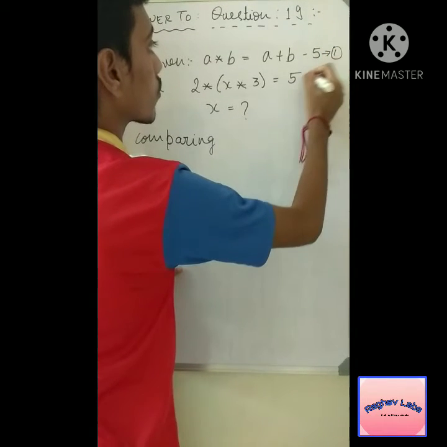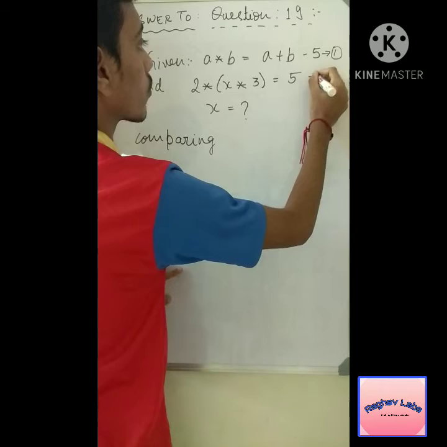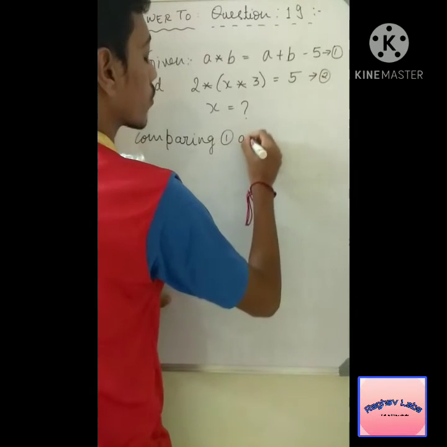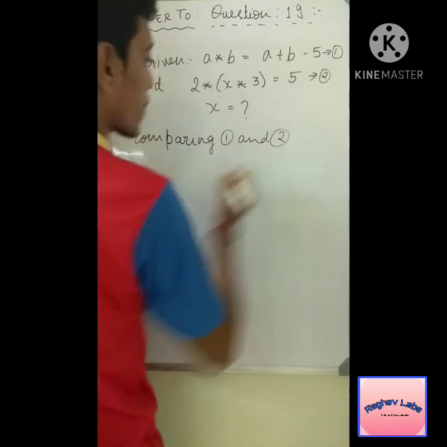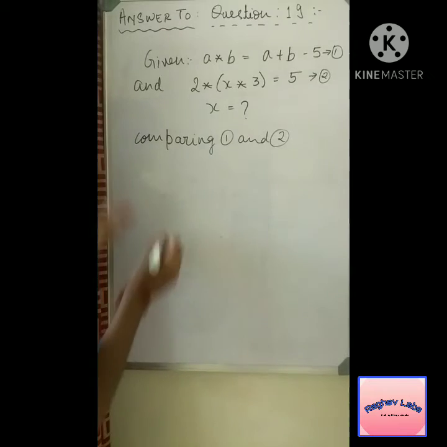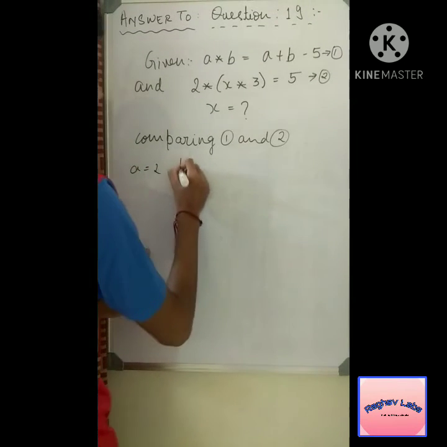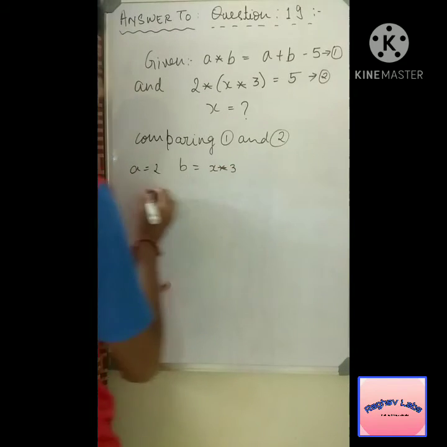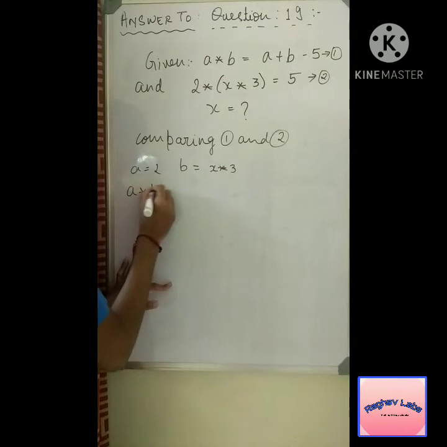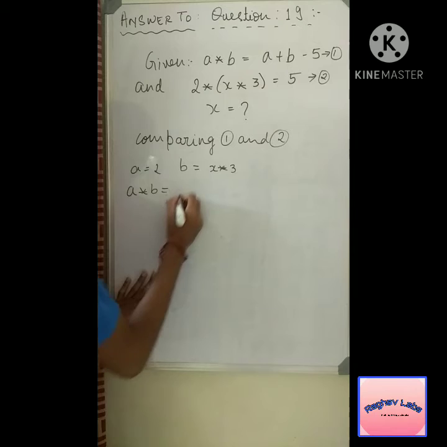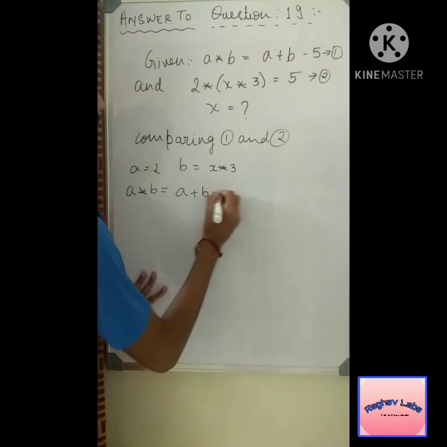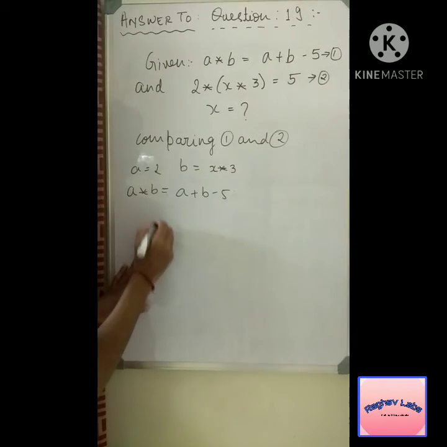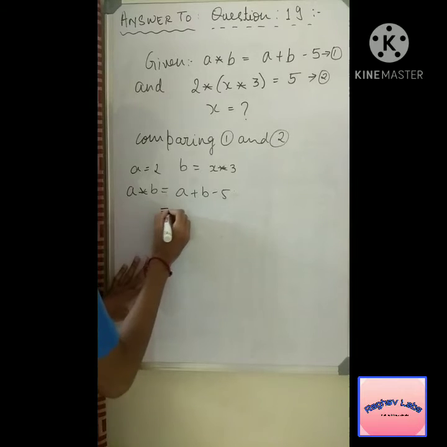You can just name them 1 and 2. So let's take 1 in the brackets, right? A is equal to 2 and B is equal to x star 3, A plus B minus 5 as per the first equation.